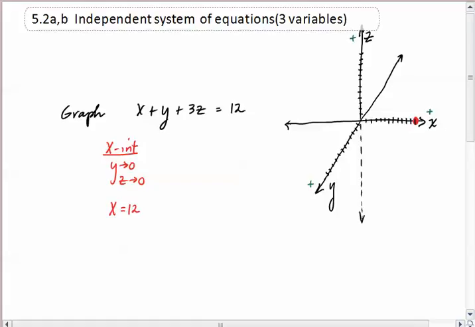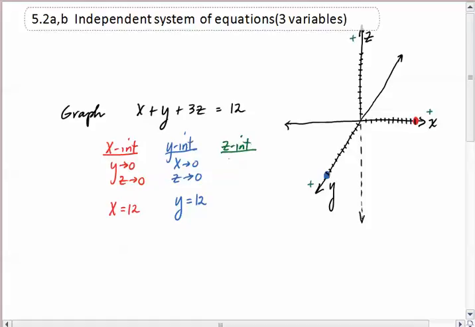So now let's go ahead and take a look at the y-intercept. The y-intercept is when we would make the x and the z zeros. So you see clearly that the y is actually also a 12. So I've already counted 1, 2, 3, 4, 5, 6, 7, 8, 9, 10, 11, 12. Yes, I have. So I'm going to put that point right there on the y. And then lastly, let's get the z-intercept.